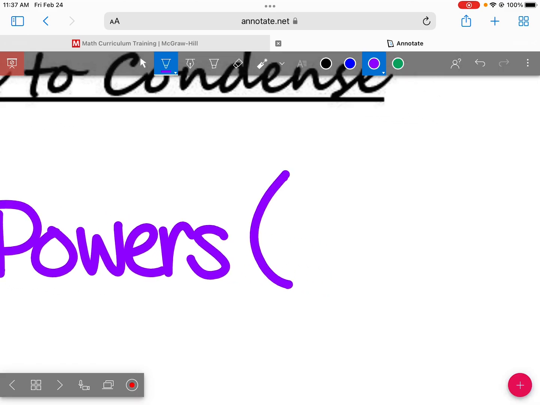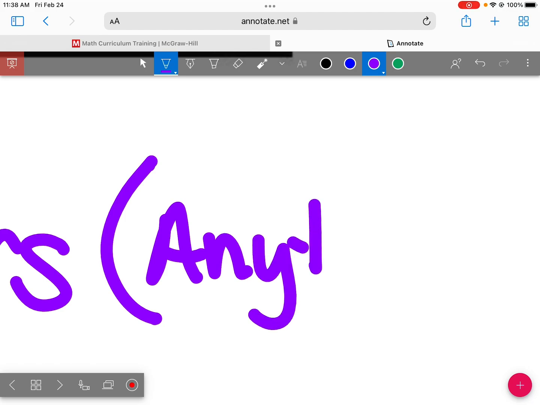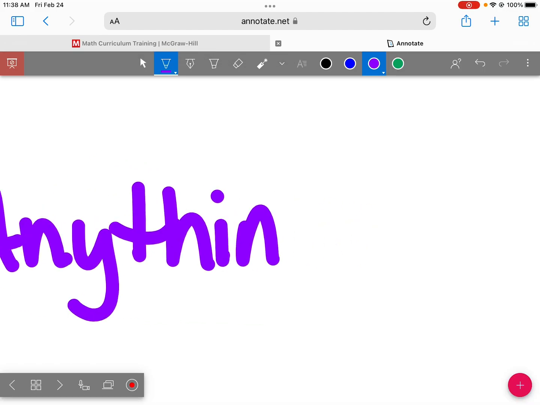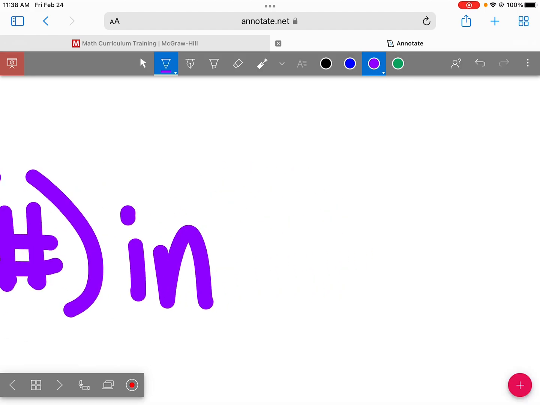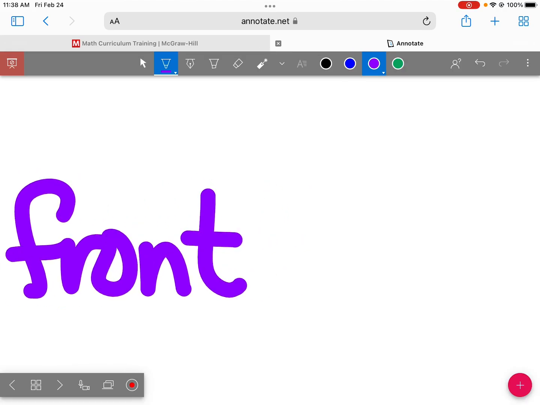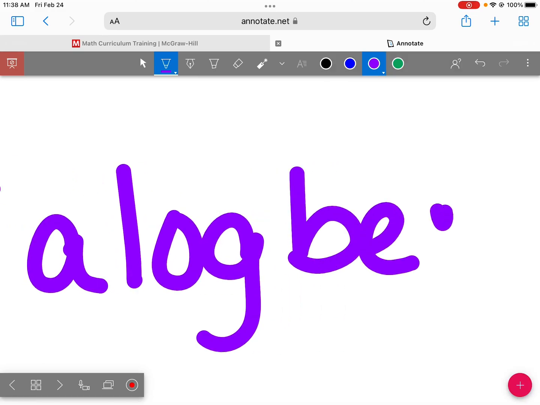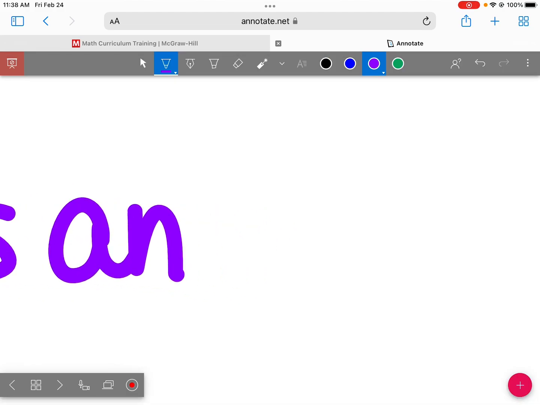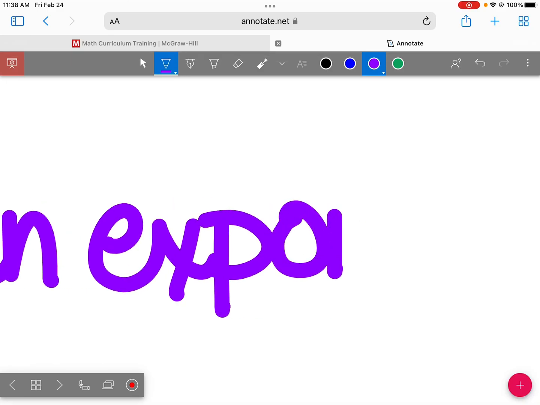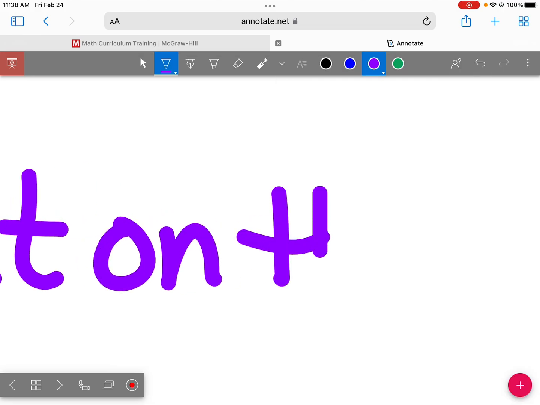In my powers step, what I'm looking for is anything in front of a log, and by anything I mean a number, becomes an exponent on the argument behind it.